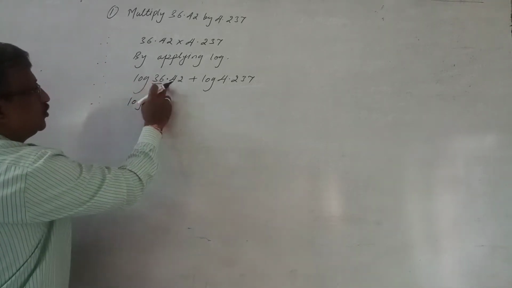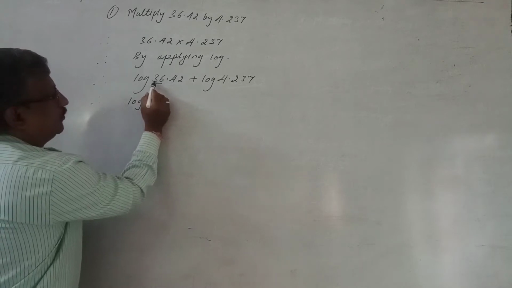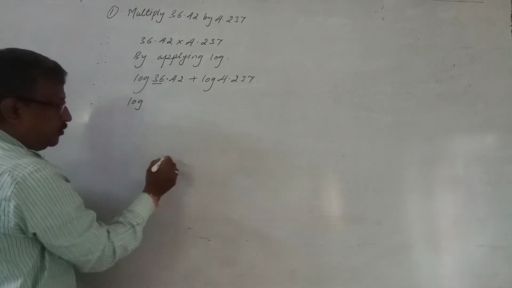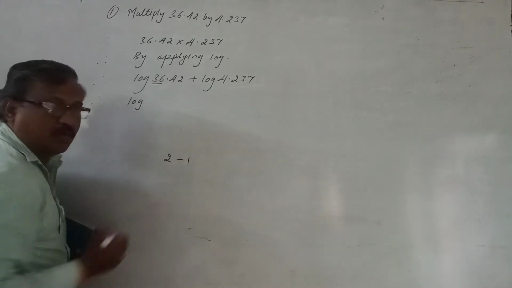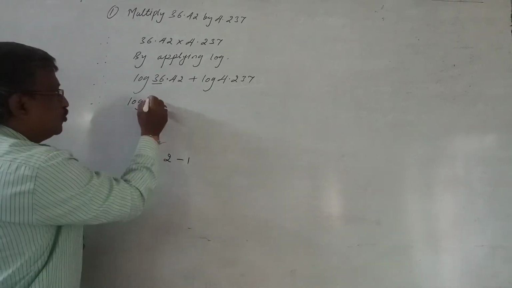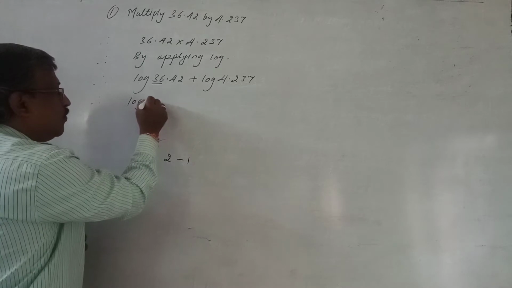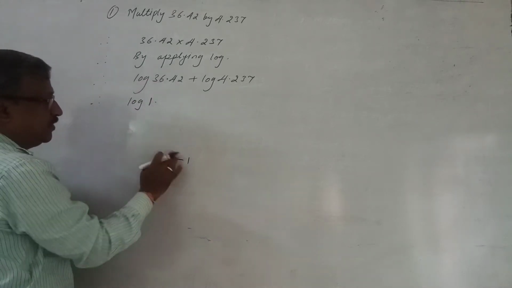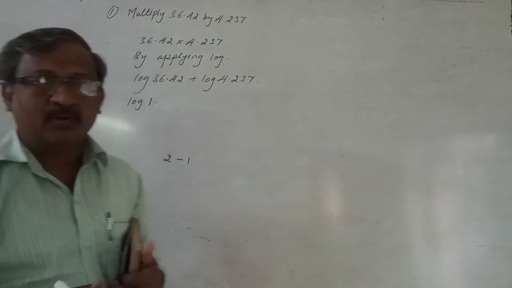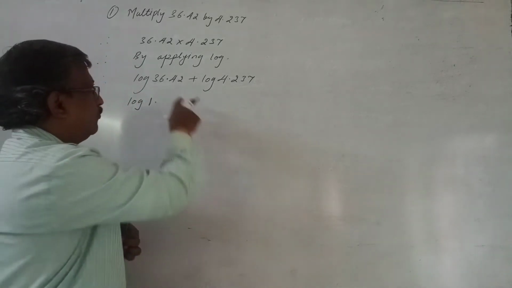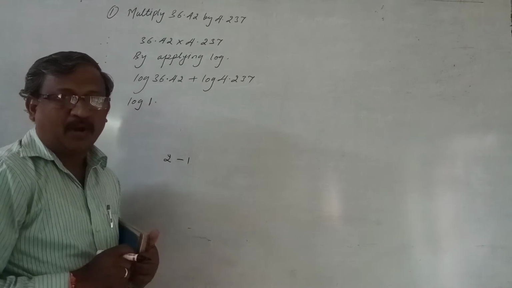So the characteristics of this number will be: number of digits in the integral part is 2, and from the total number of digits you minus 1. So what remains? 1. So 1 is called the characteristics of this number. Clear? And now you have to go to the log table. By using the log table you have to find out the fractional part, right?